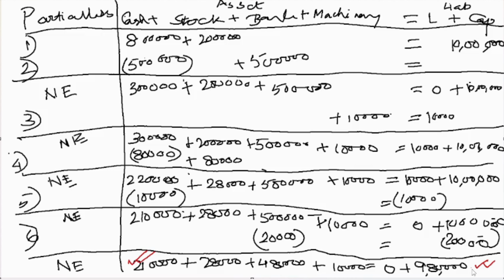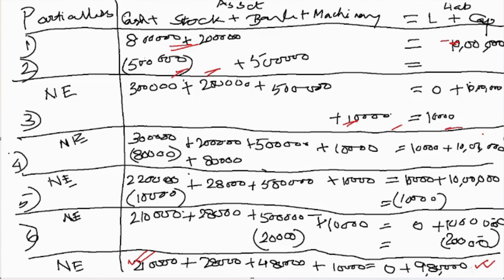See, in this first case, it's 10 lakhs over here. It's 10 lakh on the right hand side also. In the second equation, what we find is here it's a minus 5 lakhs and a plus 5 lakhs, and it gets equated. And over here in the third equation, it's a plus 10,000, and over here it's a plus 10,000 once again.